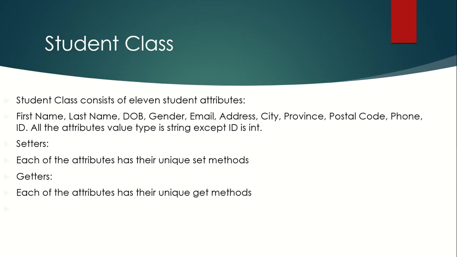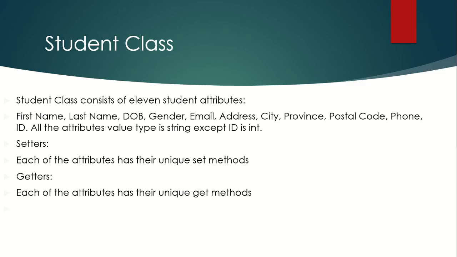Those are first name, last name, date of birth, gender, email address, street address, the city, province, postal code, phone number, and ID. All of the attributes are of type string, except for the ID, which is an integer.